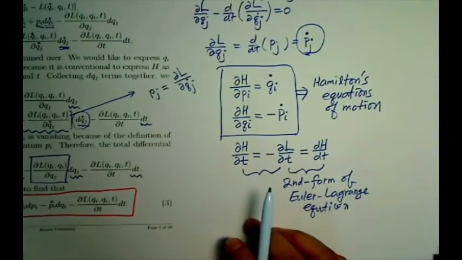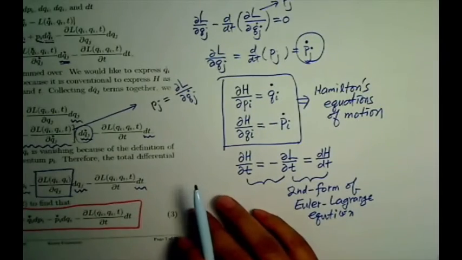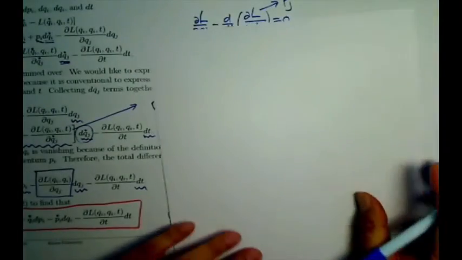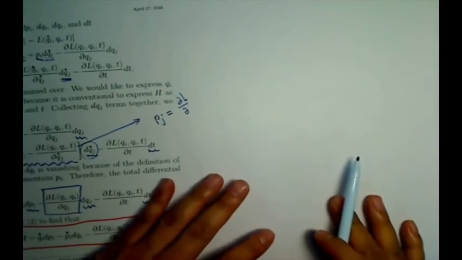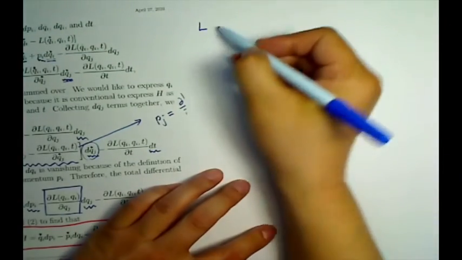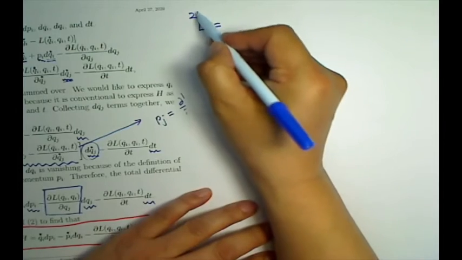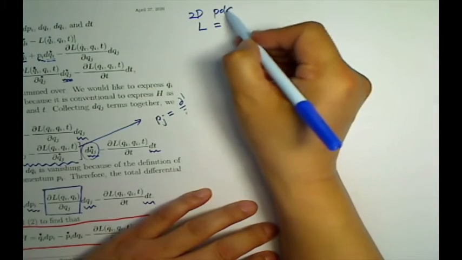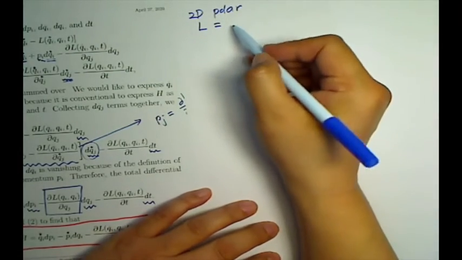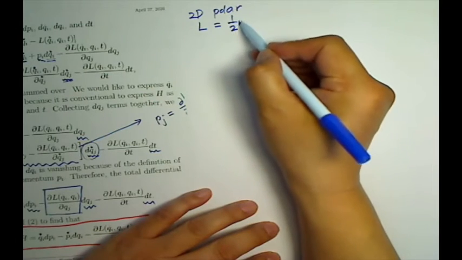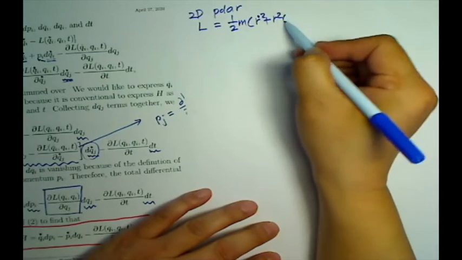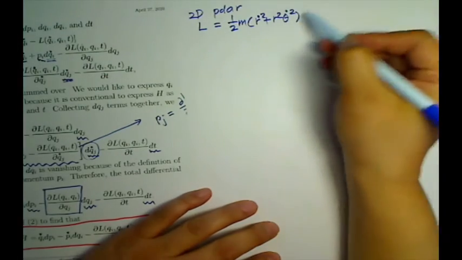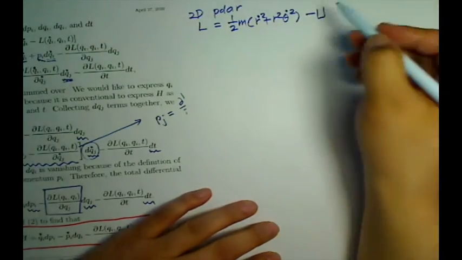For example, we have a Lagrangian in the 2D polar coordinate system. The Lagrangian is the kinetic energy minus the potential energy.